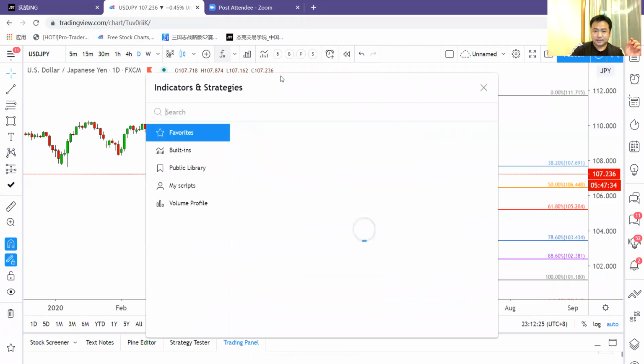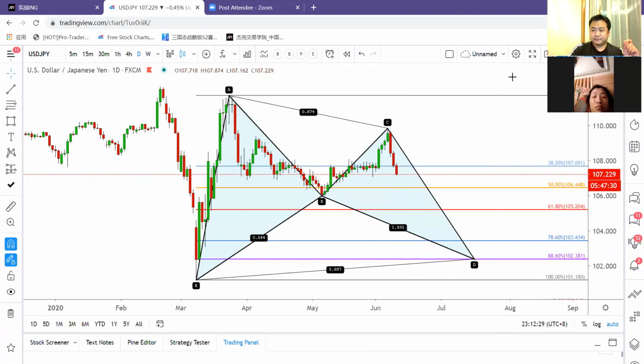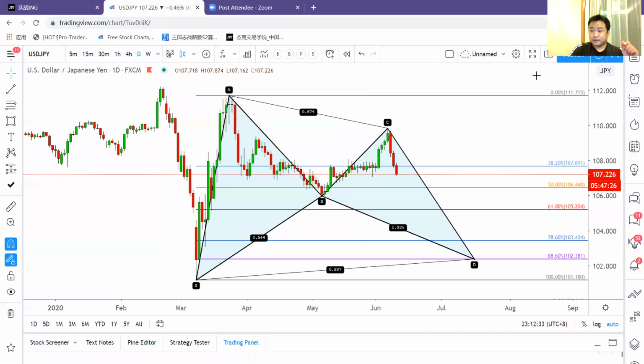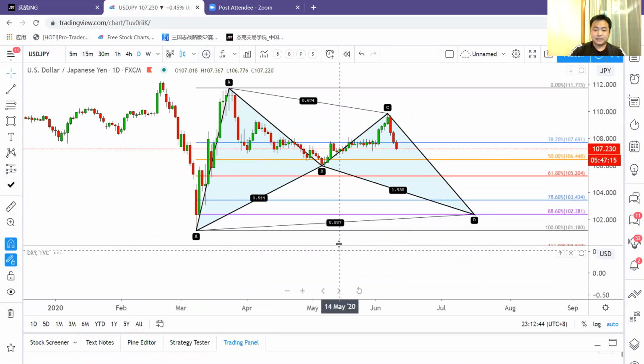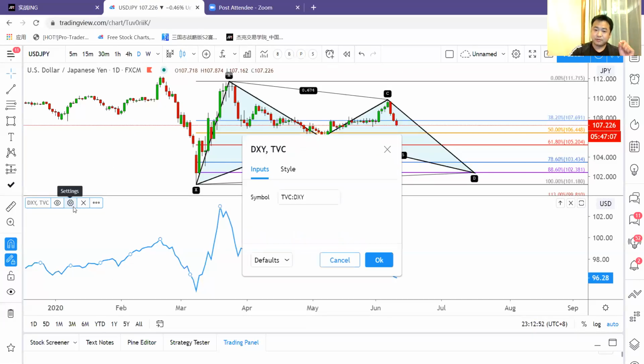Let's compare this with the dollar index. Let me compare the dollar index with you guys, and you will find something interesting. We used this method to capture a very strong, nice profit with the Kiwi dollar.